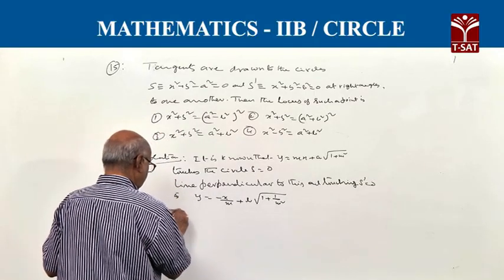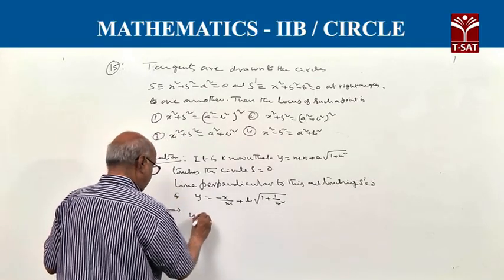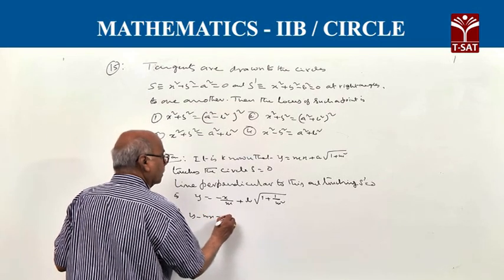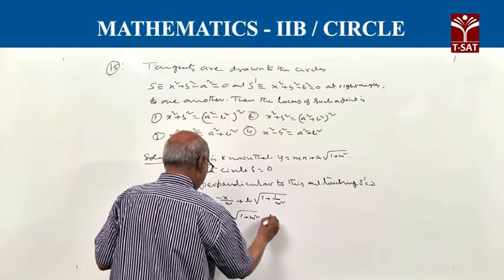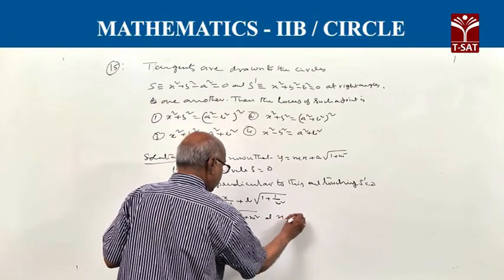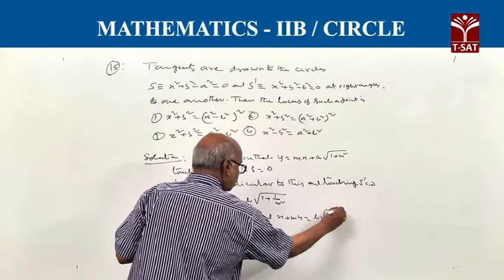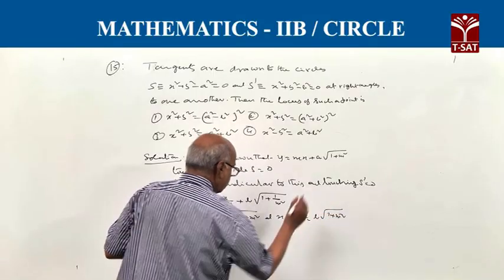So, that is y minus mx is equal to a into root over 1 plus m square, and x plus my is equal to b into square root of 1 plus m square.